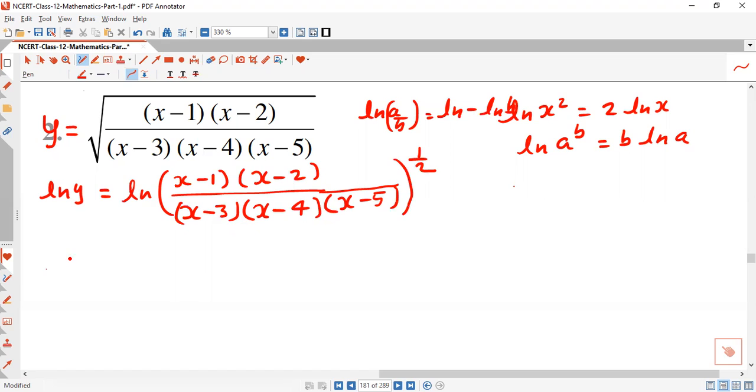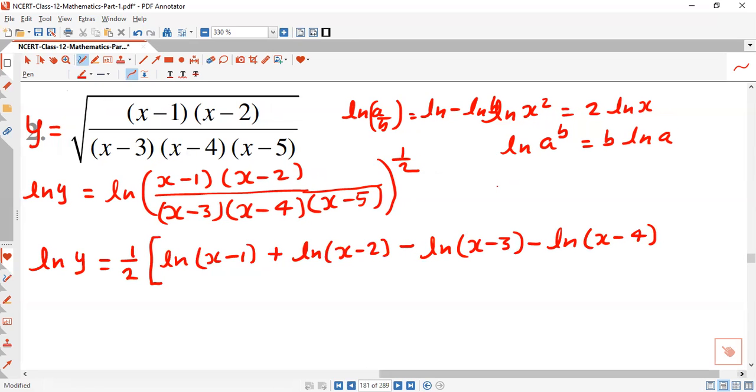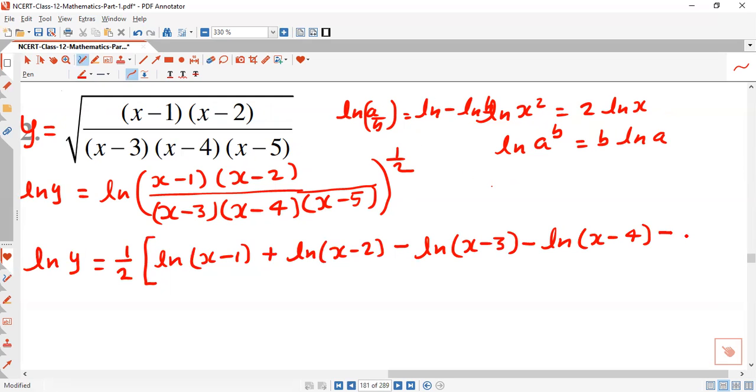Log y comes out half, taken outside, times log of x minus 1 plus log of x minus 2, minus log of x minus 3, minus log of x minus 4, minus log of x minus 5, and this bracket closed.